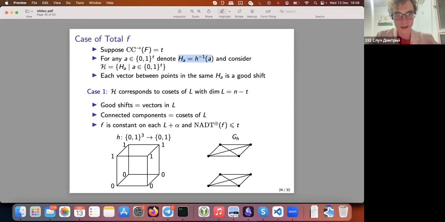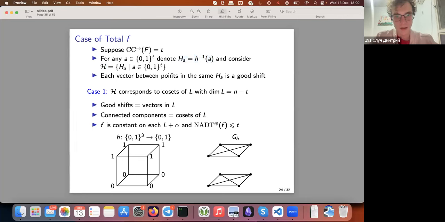So H is all the pre-images of function h, like on each class of H, function h takes the same value. Because of that, each vector between 2 points in the same class is a good shift, because on these 2 points h has the same value.